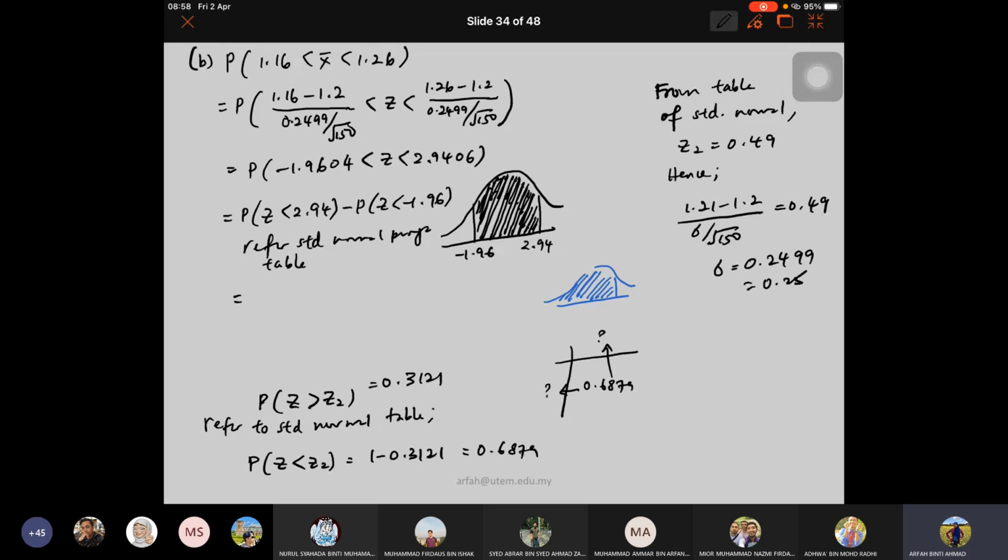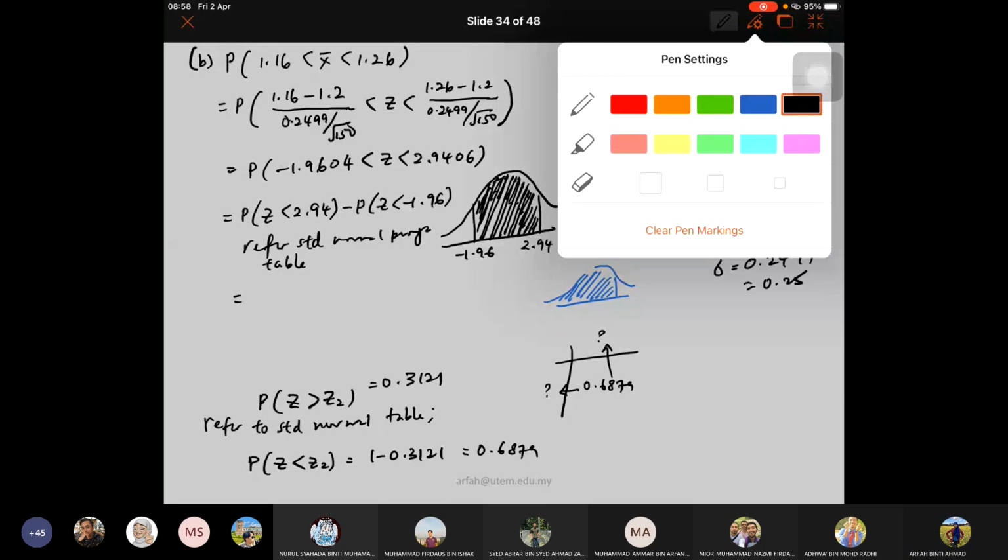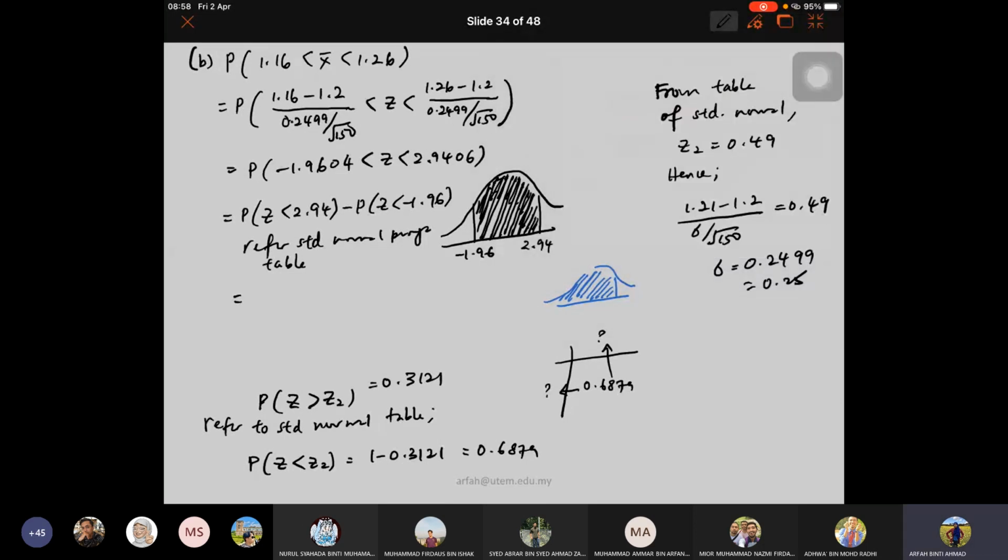Okey, berapa jawapan? Refer to table of standard normal. 2.94 kalau awak refer table akan sama dengan 0.998359.